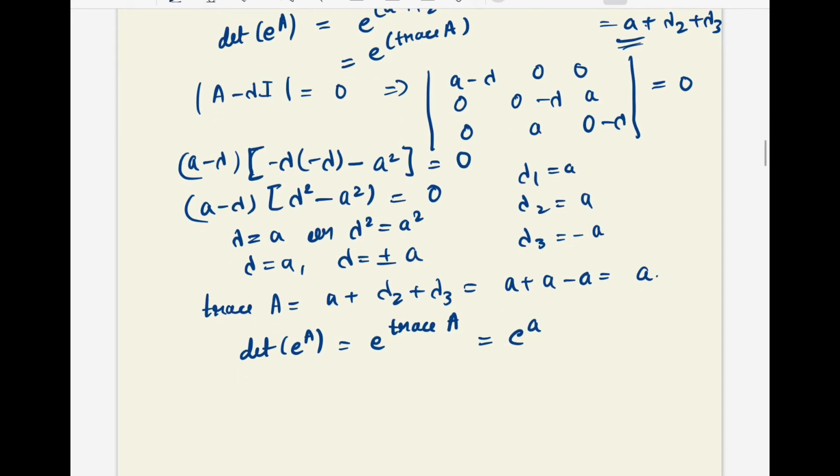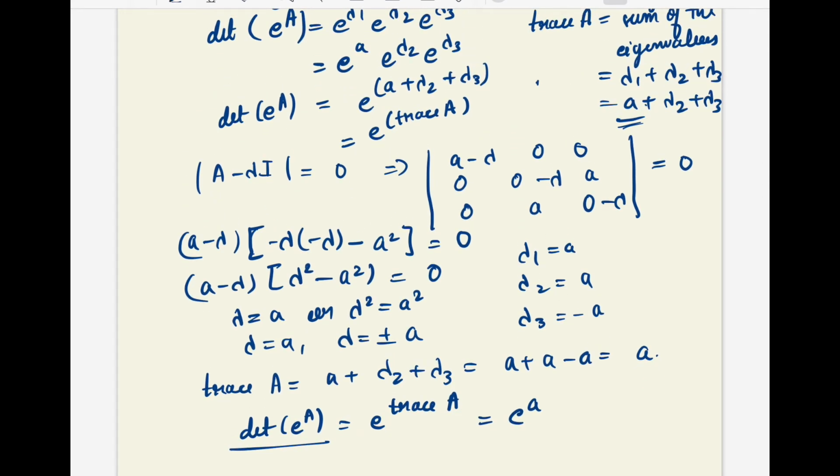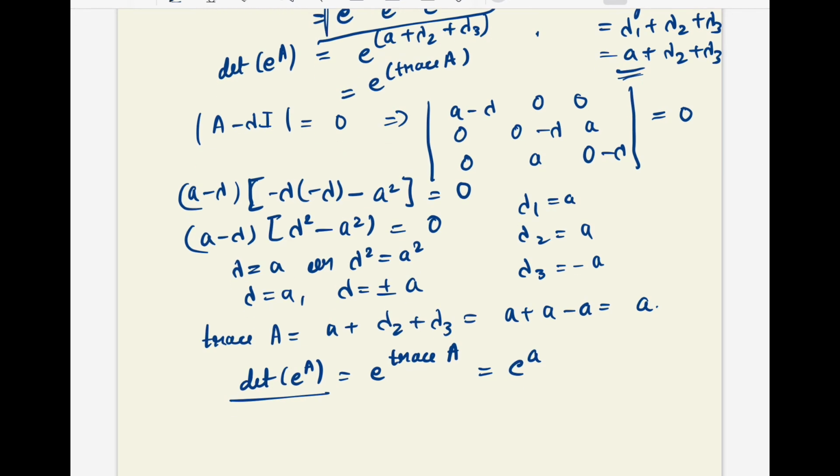Okay, so determinant of e to the power A is already given to be this one, e to the power a. So this becomes e to the power a, e to the power lambda 2, e to the power lambda 3 equals e to the power a. E to the power a cancels.